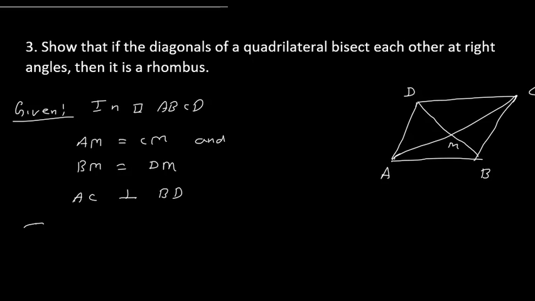We have to prove that this quadrilateral ABCD is a rhombus.